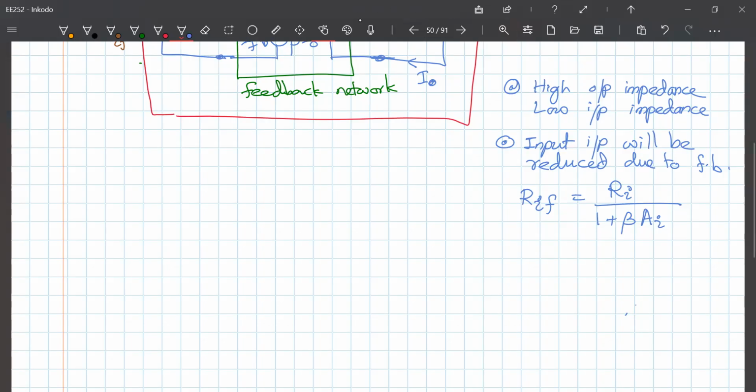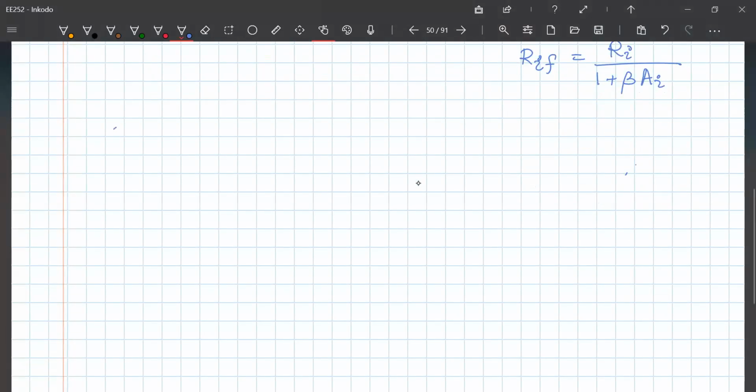Whenever you have voltage feedback, we had it in 2 cases. One is the series shunt case where we had voltage amplifiers, and series where you had transconductance amplifiers.